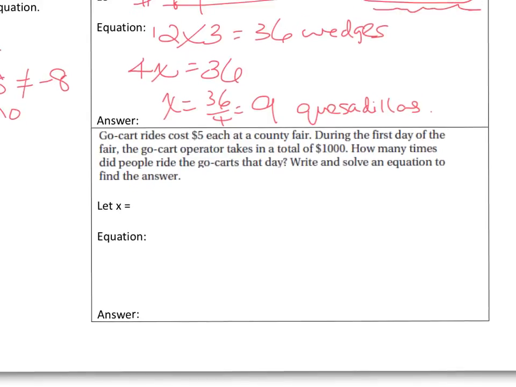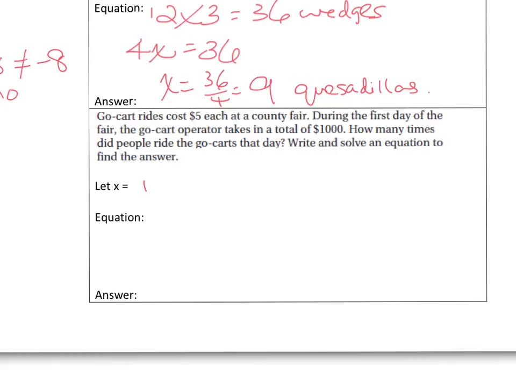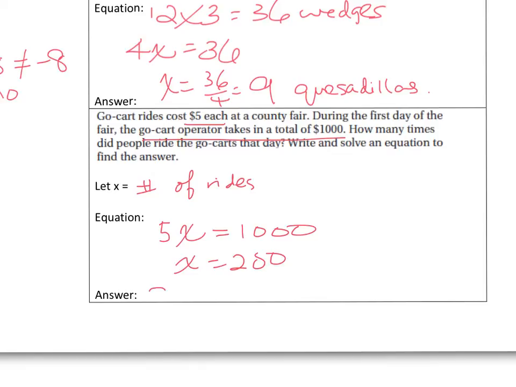So let x equal the number of rides, and each ride costs $5, and they made a total of $1,000. So 5 times x, the number of rides, will give you the total. So x equals 200. 200 rides.